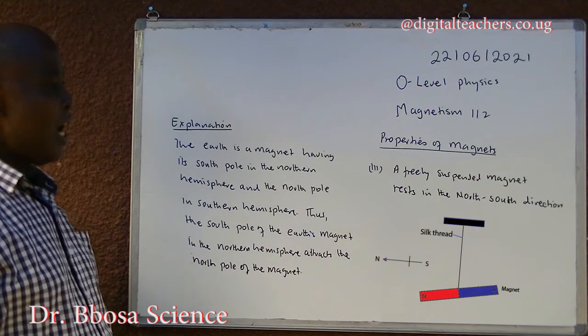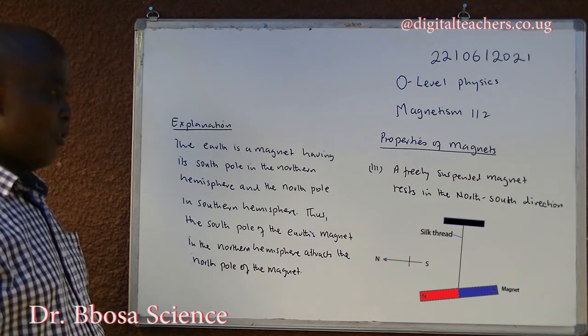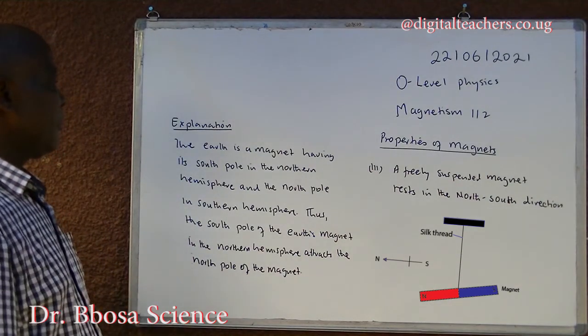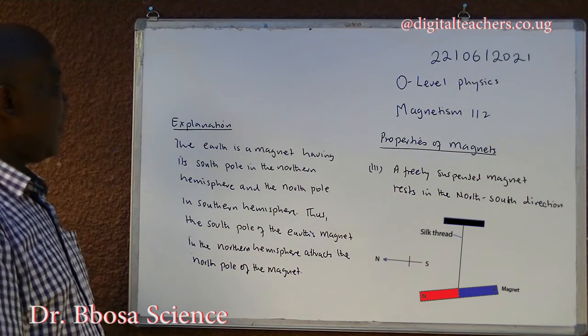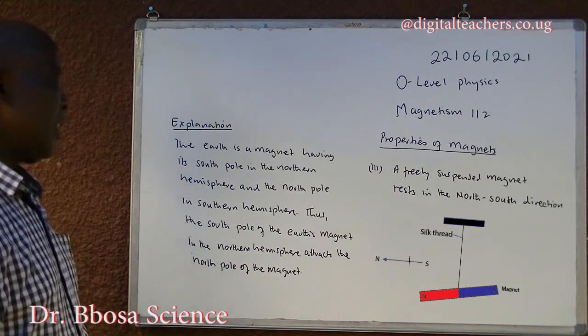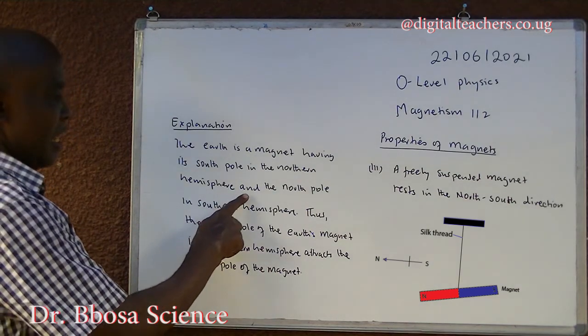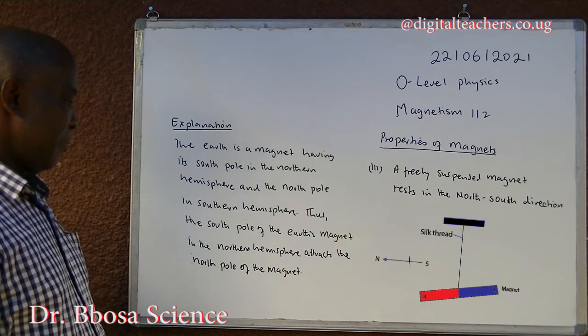3. A freely suspended magnet rests in the north-south direction. Explanation: the Earth is a magnet, having its south pole in the northern hemisphere and its north pole in the southern hemisphere.